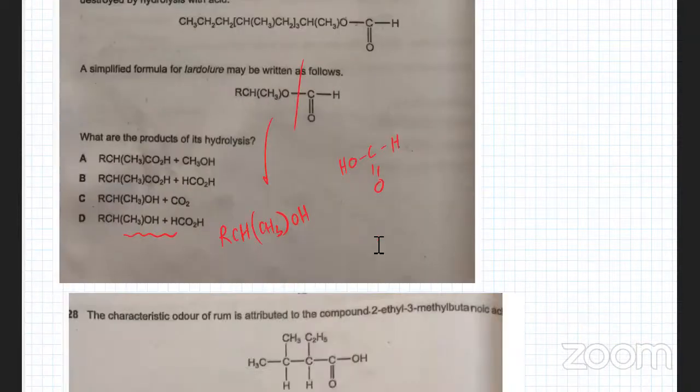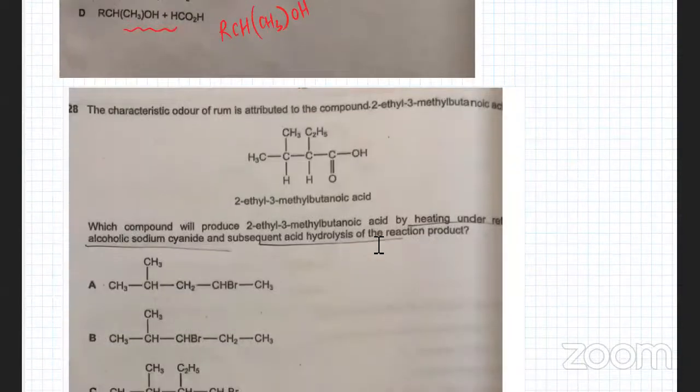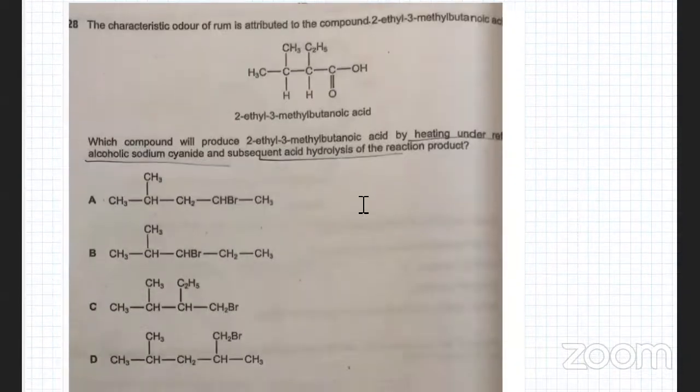Okay, then there's another question, which is this one. They're saying that there's this molecule, 2-ethyl-3-methylbutanoic acid. Which compound will produce this by heating under reflux with alcoholic sodium cyanide, NaCN ethanolic, and subsequent hydrolysis of the reaction product?